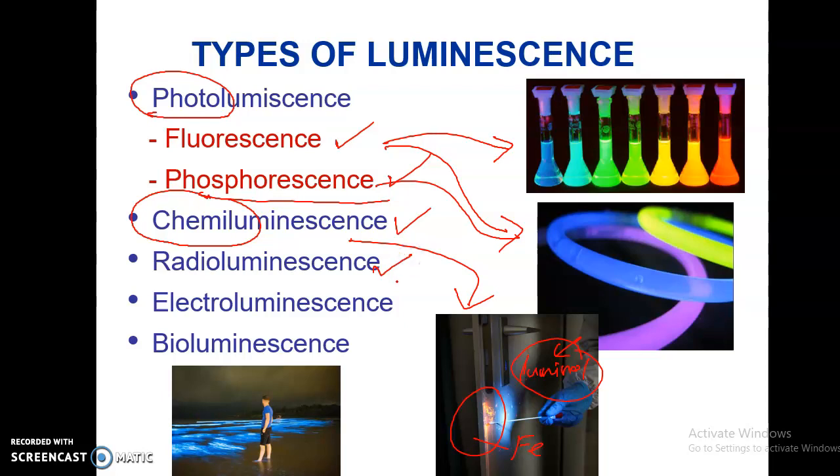And then we have radioluminescence, but it's not that popular nowadays. Electroluminescence and bioluminescence. Bioluminescence is based on the biological activity within a species. What kind of species? This photo shows you the marine species, specifically dinoflagellates. I happened to see this kind of phenomenon back in 2012, if I remember correctly, when I was doing a PhD in Australia.